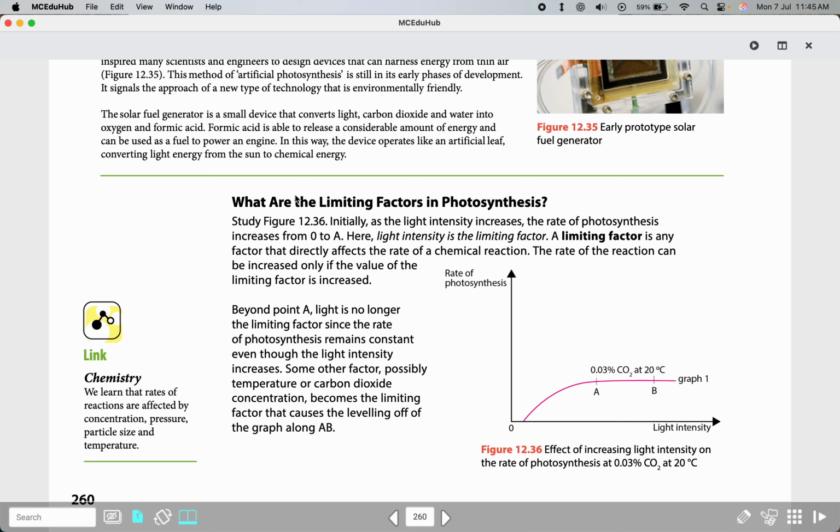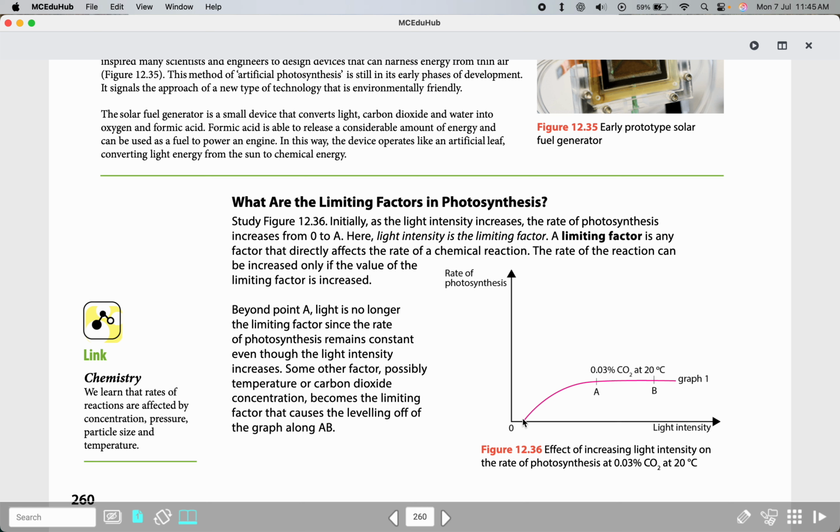So in this same way, when we talk about limiting factors in photosynthesis, we can see in this figure that as the light intensity increases, the rate of photosynthesis increases from 0 to A. Here, light intensity is the limiting factor.